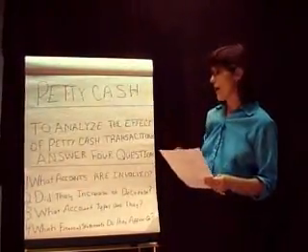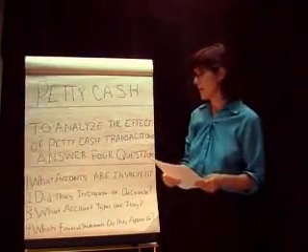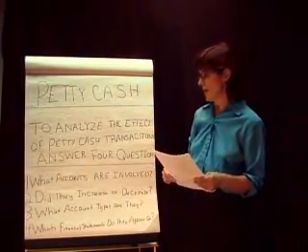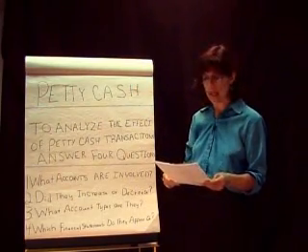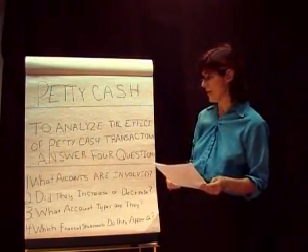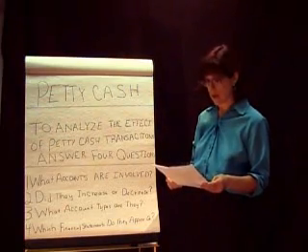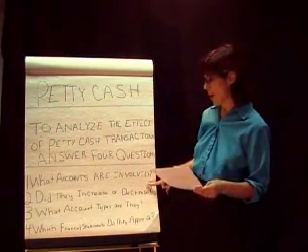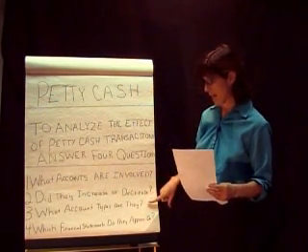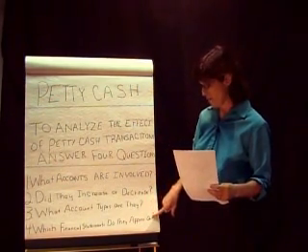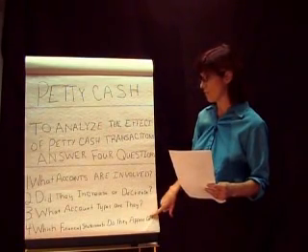The problem that you have this week in your handouts is to analyze the effect of petty cash transactions on the accounts and on the financial statements. So as we look at these, we're going to look at what accounts are involved. Did they increase or decrease? What account types are they? And what financial statements do they appear on?